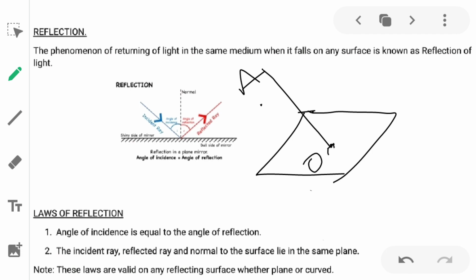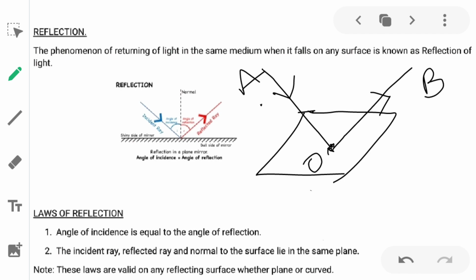So here is the point of incidence where the ray AO is in contact with the surface. When the ray AO hits the surface, it bounces back, and that is called the reflected ray. OB is the reflected ray. O is called the point of incidence.